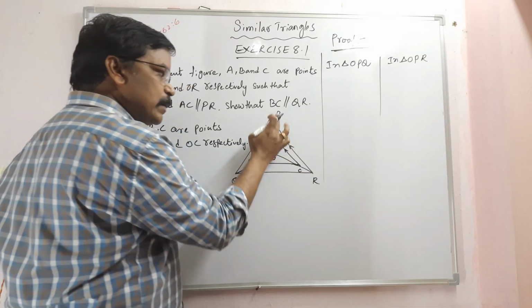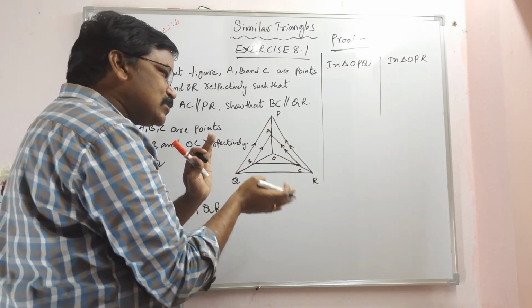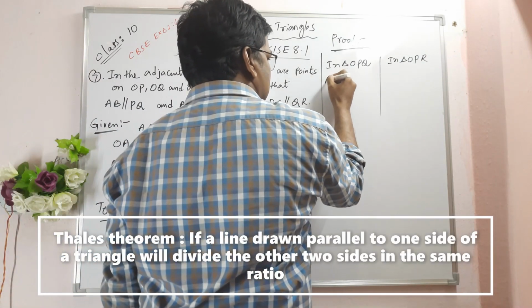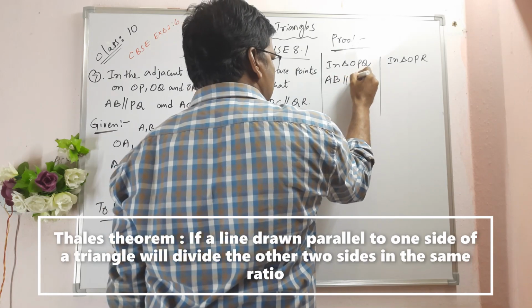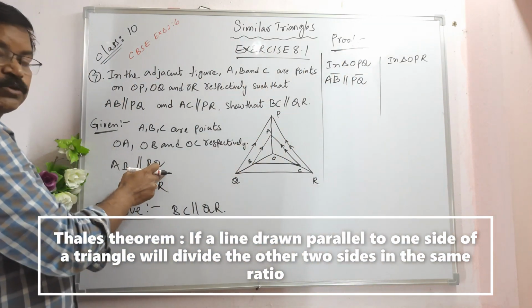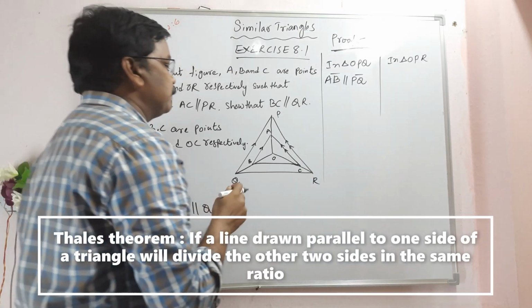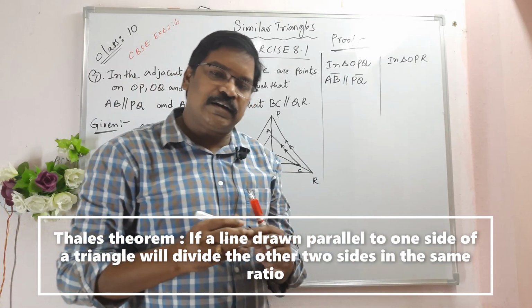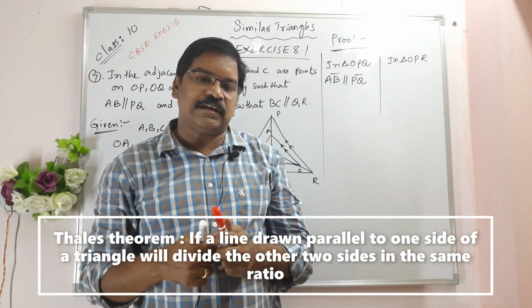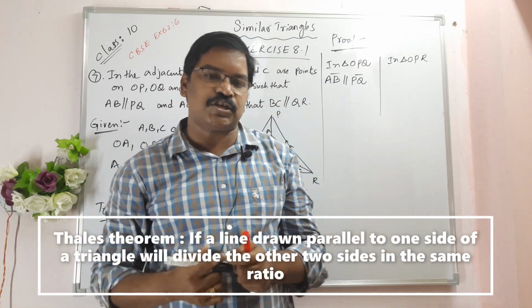In the triangle OPQ, which side is parallel to which side? Yes, AB is parallel to PQ. It's given in the statement, right? Therefore, if a line is parallel to one side of a triangle, then it divides the other two sides in the same ratio.